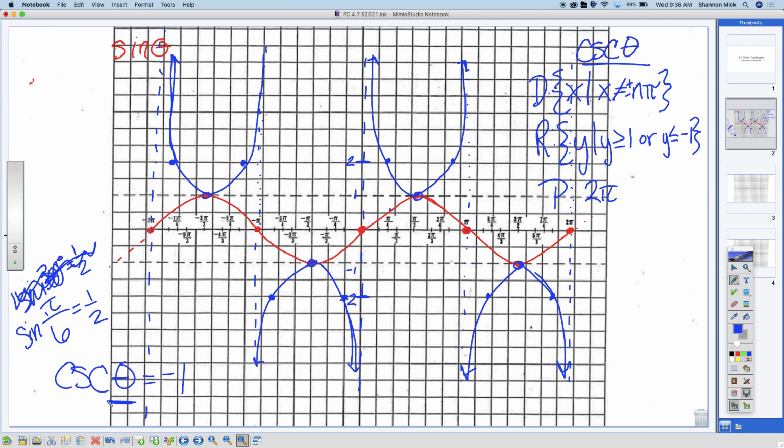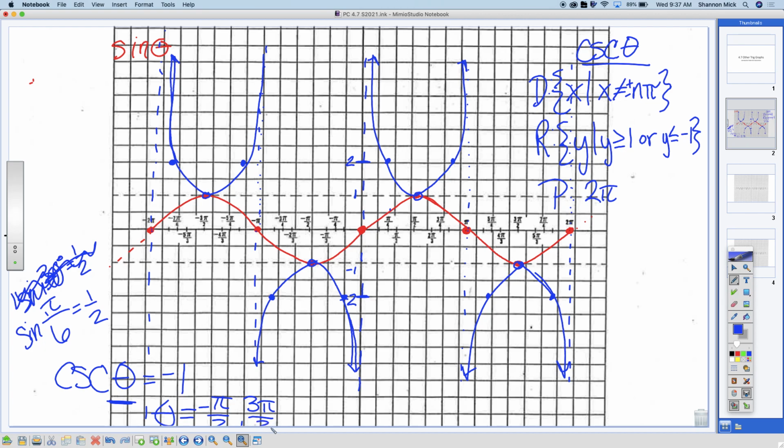Look on your graph, it's probably easier to see than mine. Negative pi over 2 and 3 pi over 2. All you did was look, find negative 1, and then find your angle.